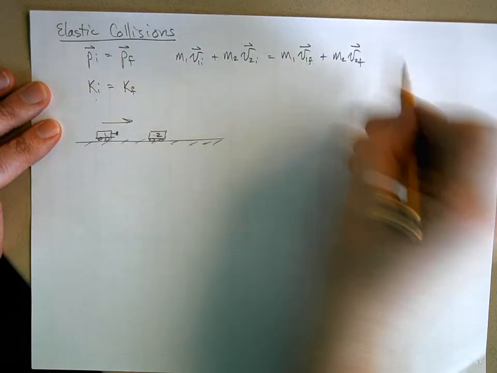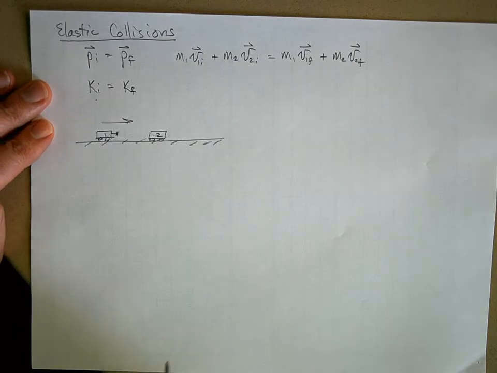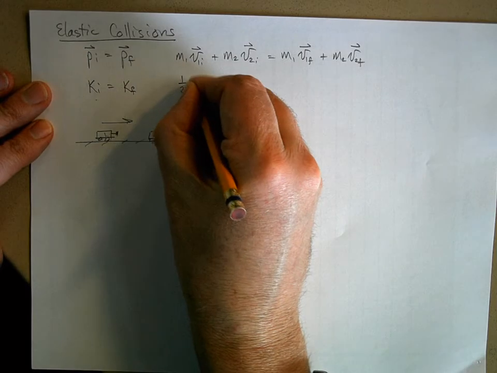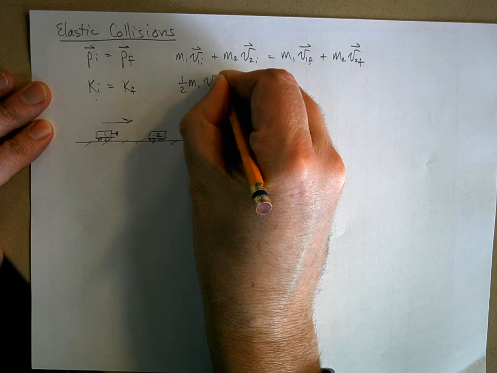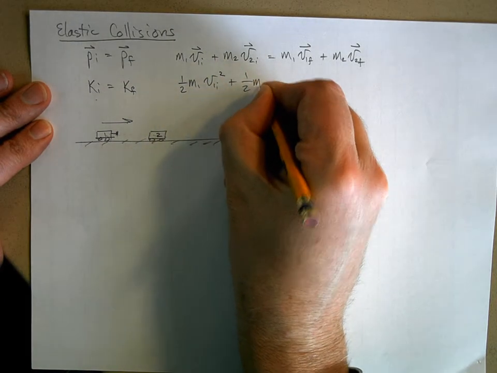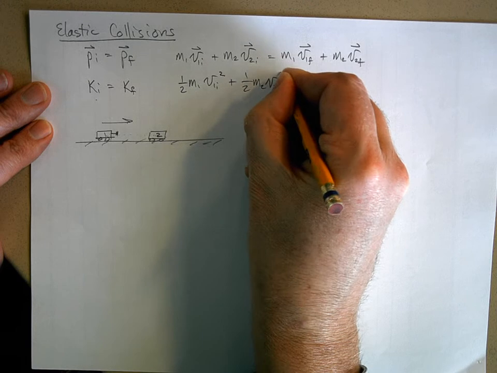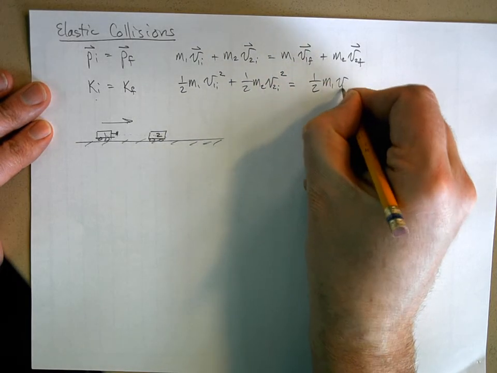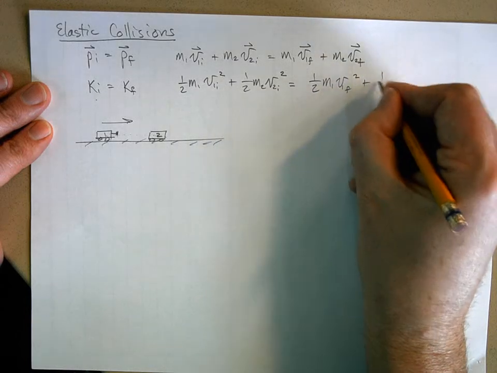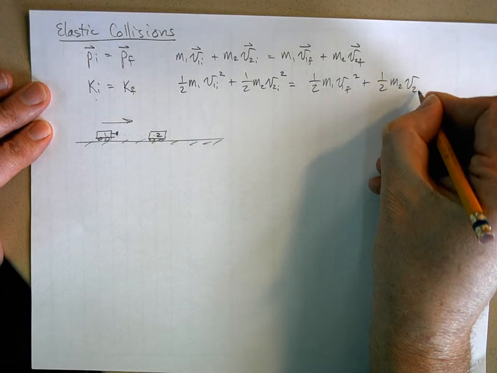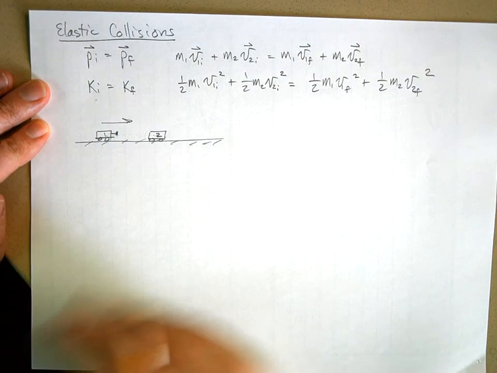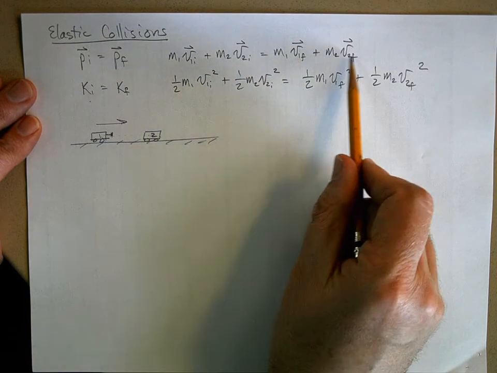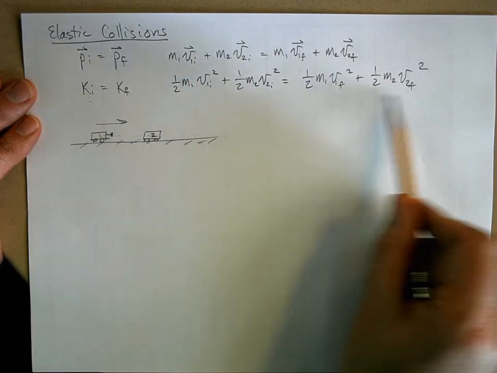So we would use this equation, apply it to the problem, but we could also apply this equation: 1/2 m1 v1 initial squared plus 1/2 m2 v2 initial squared will be equal to 1/2 m1 v1 final squared plus 1/2 m2 v2 final squared. So that's a lot of stuff. Notice I have vector hats here, but no vector hats here.